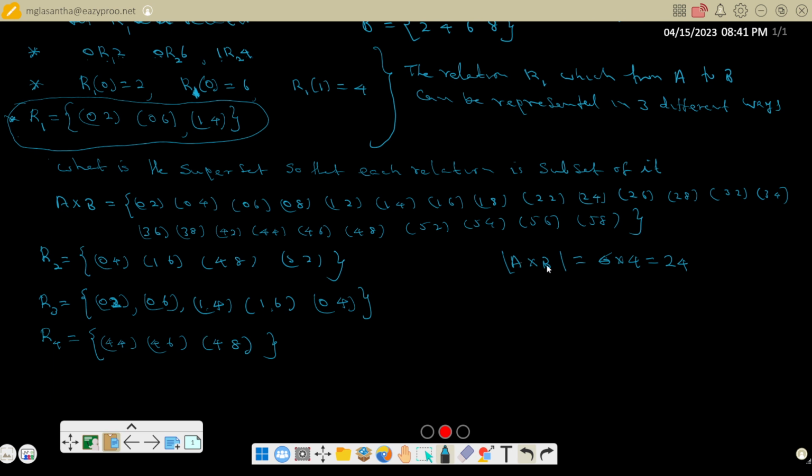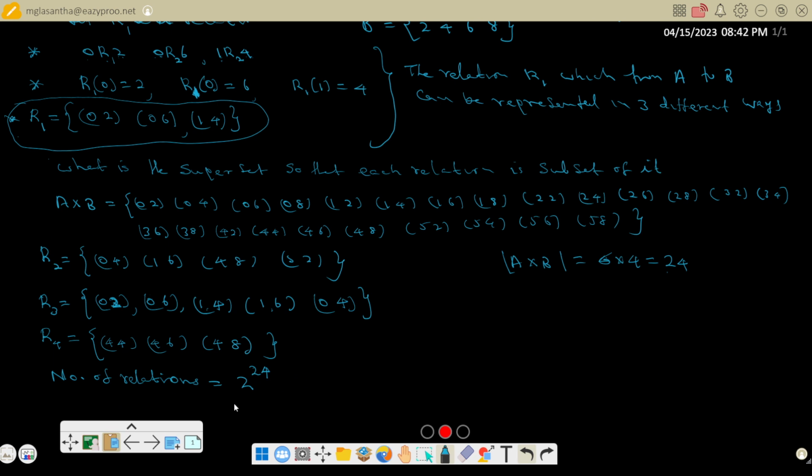Cardinality of A cross B is 24. Then number of relations equals 2 to the power of 24.